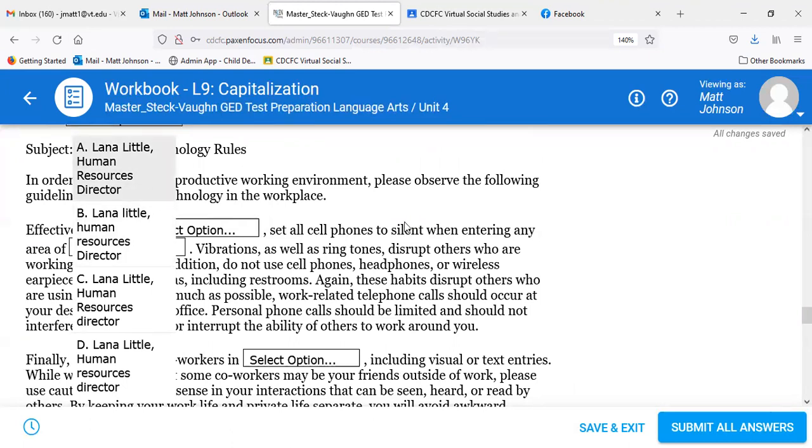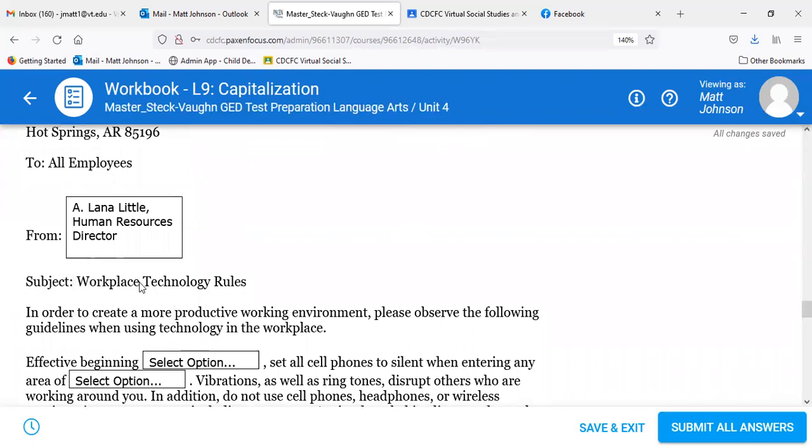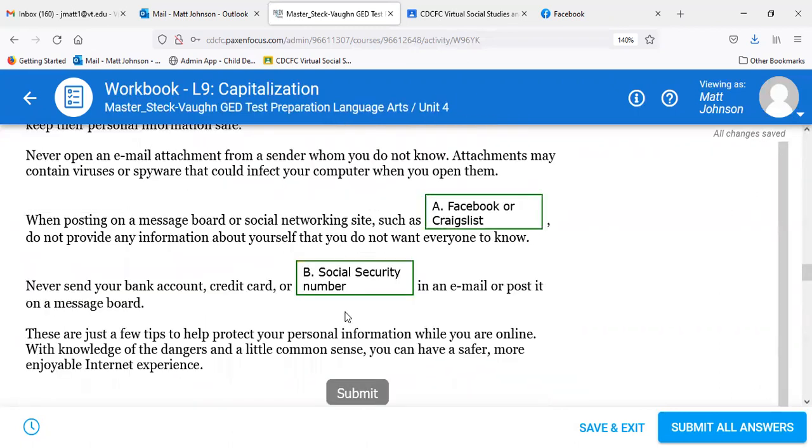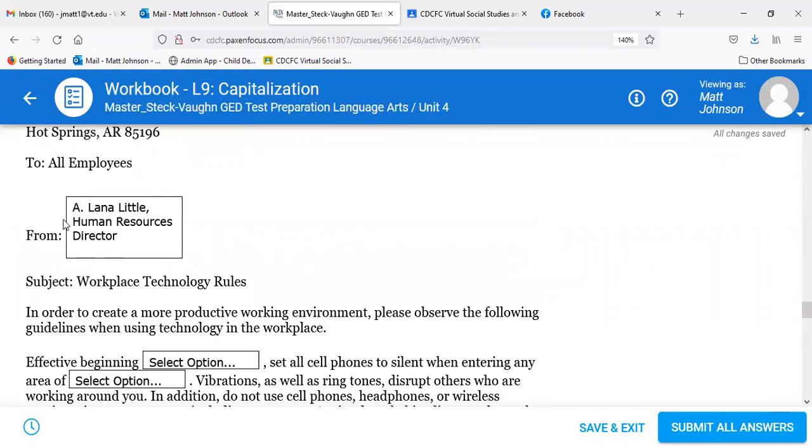Oh, wait, no, it's A. I'm sorry. The director needs to be capitalized as well. Exactly, because that's her full title. In other cases, like we just did with the Social Security number, sure, there are a lot of directors, but in this case, the whole thing is part of her title, so all of it is going to be capitalized. So Lana Little, Human Resources Director.